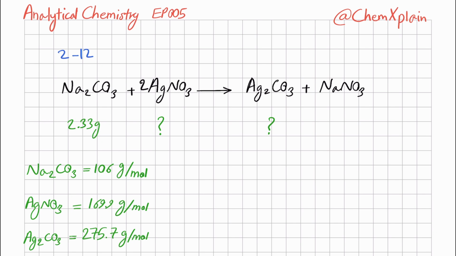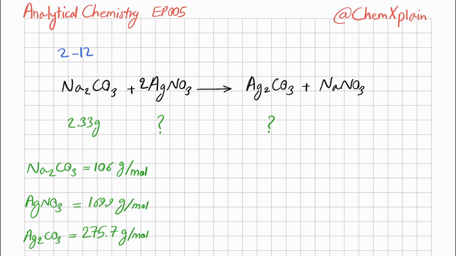It's a simple reaction, but as you can remember, in this problem, the only data which is available is the mass of sodium carbonate. And the amounts and the masses which we are looking for are the amounts of silver nitrate and silver carbonate, which is going to form.